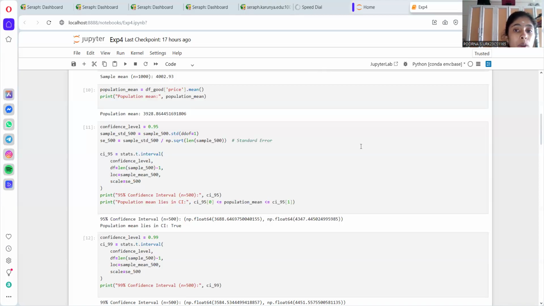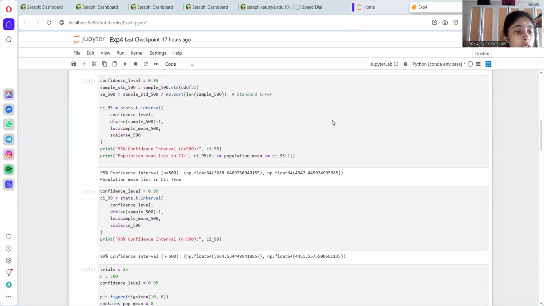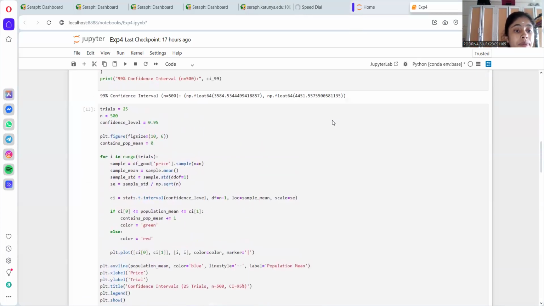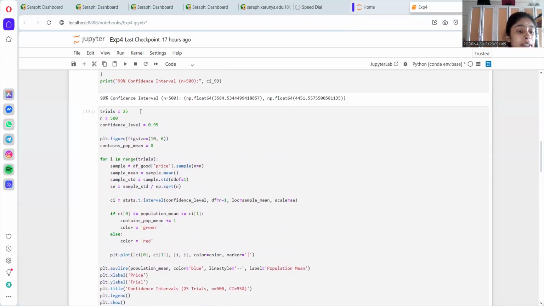Next, we will plot the intervals for 25 trials. So here the loop runs 25 times. Each time we take a sample of 500 prices, then we compute the sample mean and the 95% confidence interval. So here we store the lower bounds and upper bounds.